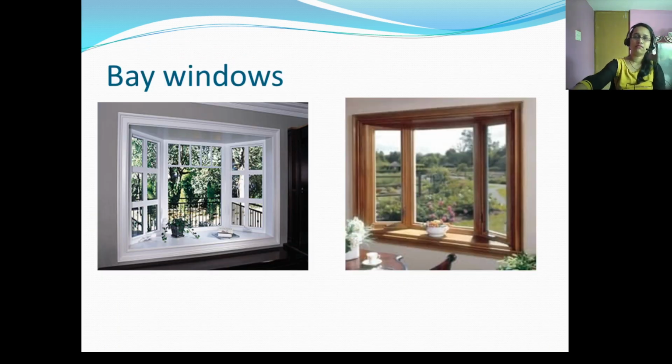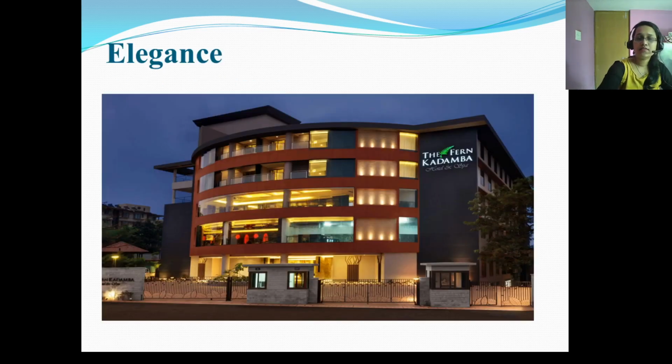You can see here, these are the bay windows. What do you mean by a bay window? It is an outer projection. You can see the space here; this is called a bay window, projecting outwards. This is the elegance. This is the Fern Kadamba in Goa. Very beautifully done, aesthetically very good elegance it is showing.